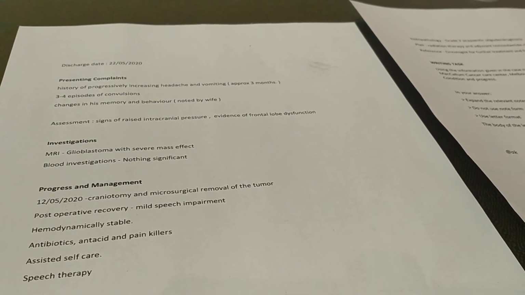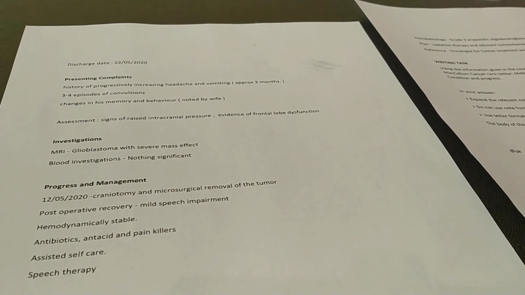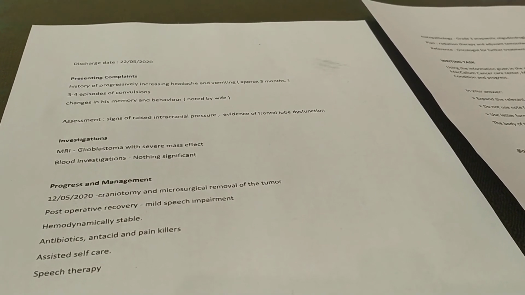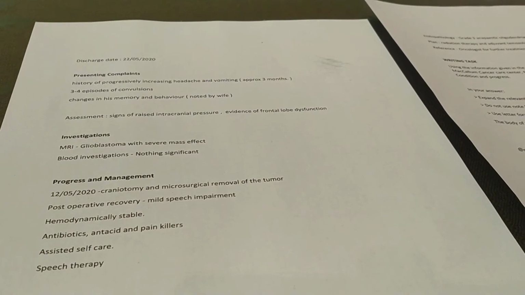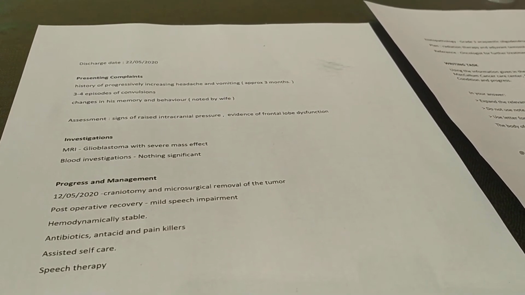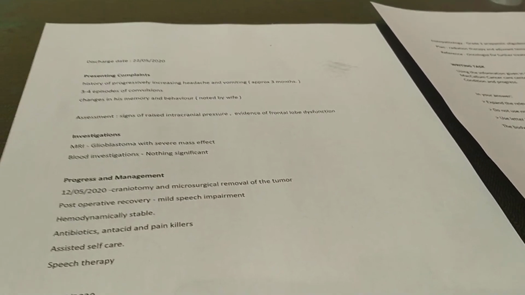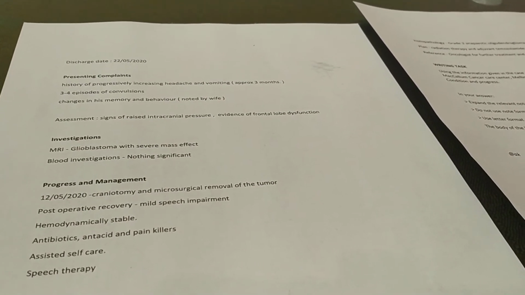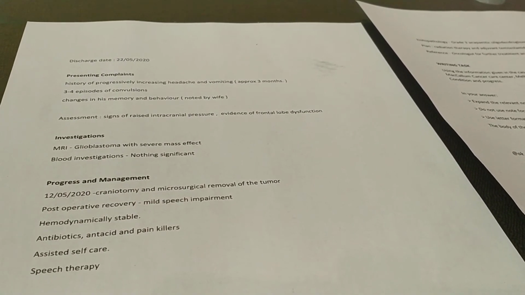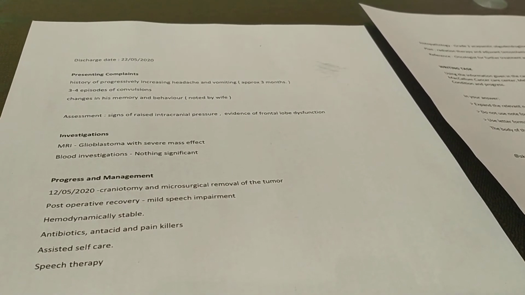A magnetic resonance image, but if you are writing, it's better to elaborate, don't use the abbreviation. So if you write MRI, even though it's M, the sound is a vowel sound, so we have to use "an". But here we are elaborating this, so I use "a magnetic resonance image revealed glioblastoma with severe mass effect, for which he underwent a craniotomy and the tumor was excised."